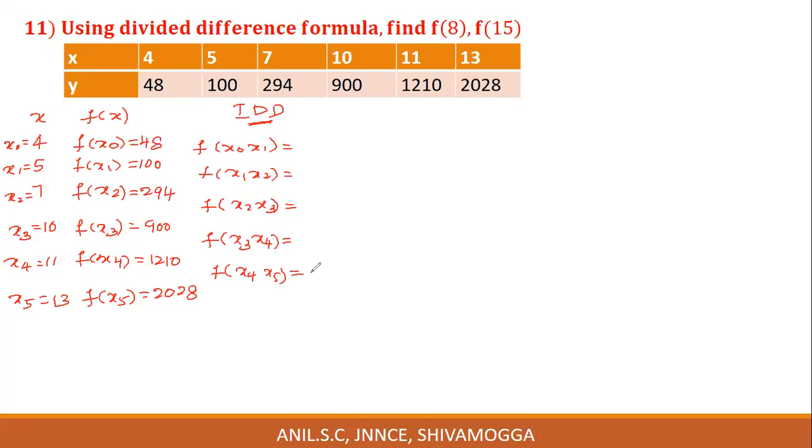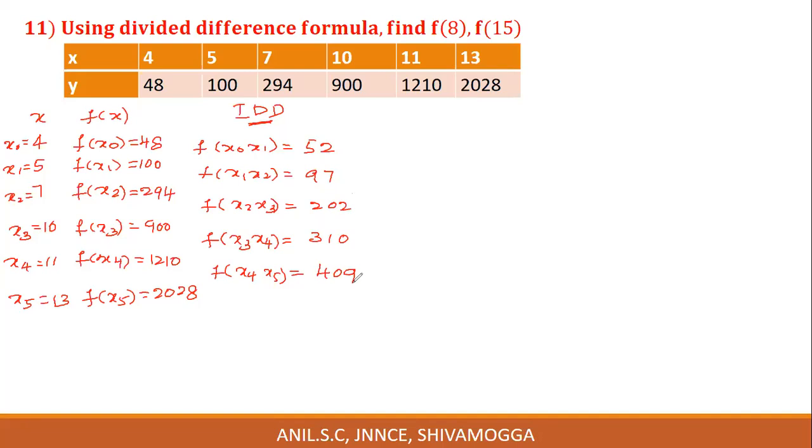Calculate this. 52, 97, 202, 310, 409. That's right.